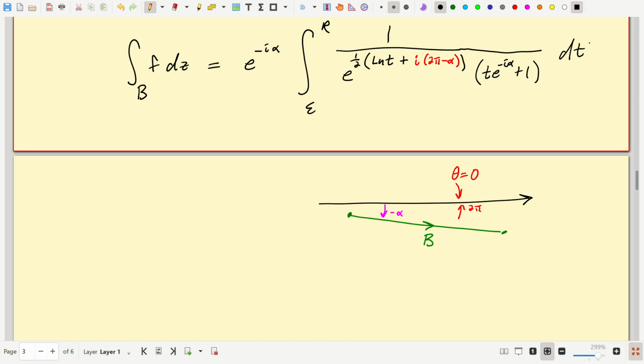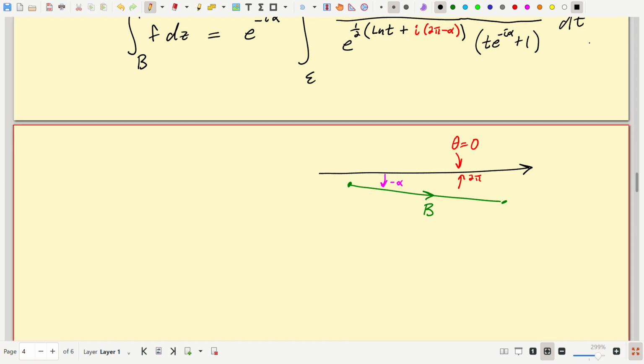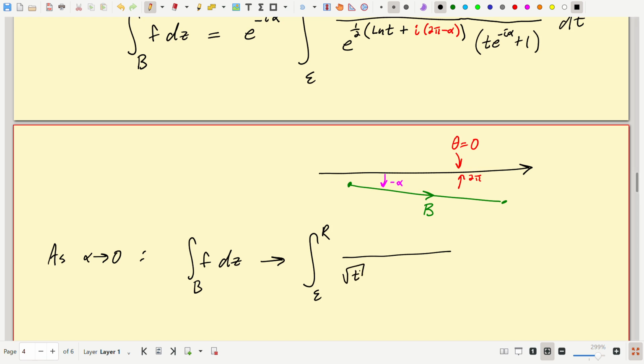But what you get differently when you do this is as alpha goes to 0, you get that the integral along b of f dz tends to the integral from epsilon to R, and here we'd get, on the bottom, t to the 1/2. And then we get here e to the I over 2, let's see, e to the I times 1/2 times 2 pi.